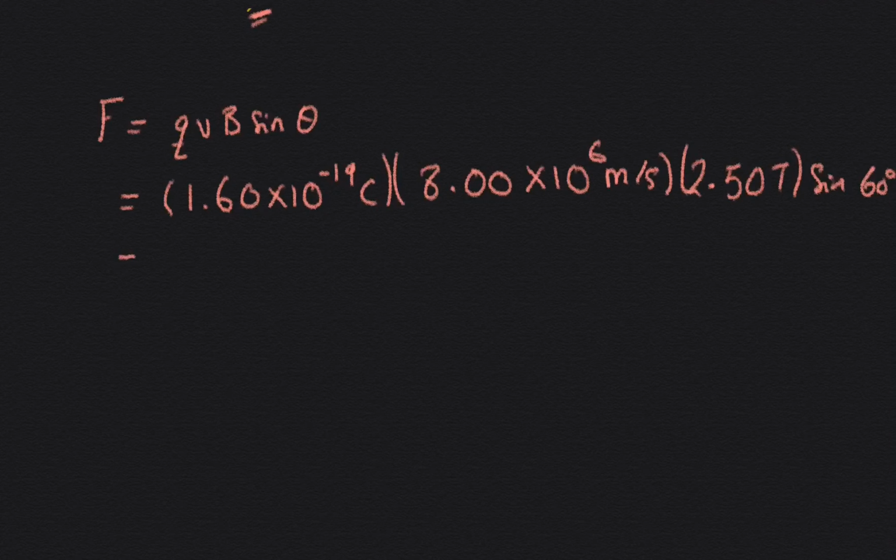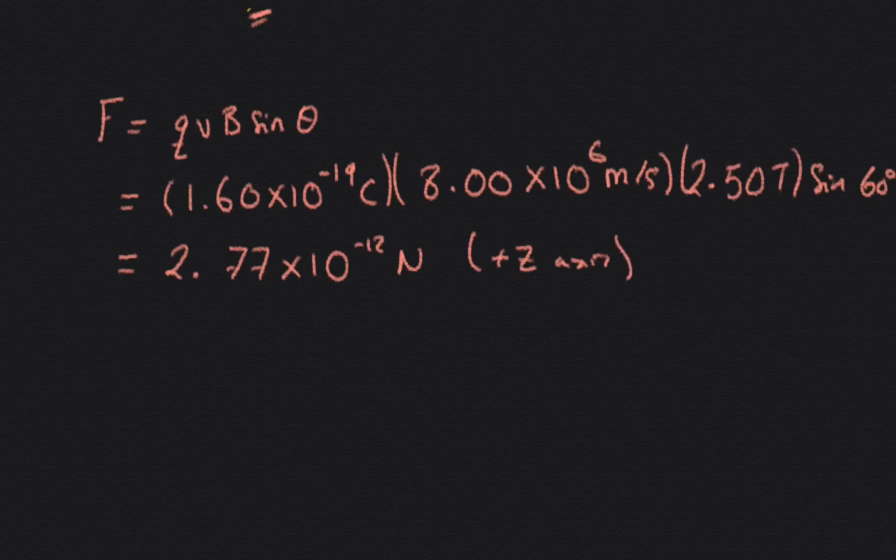Okay, and we will get a value of 2.77 times 10 to the negative 12 newtons. Now here I'm going to write positive z axis. All right, let me underline this result.